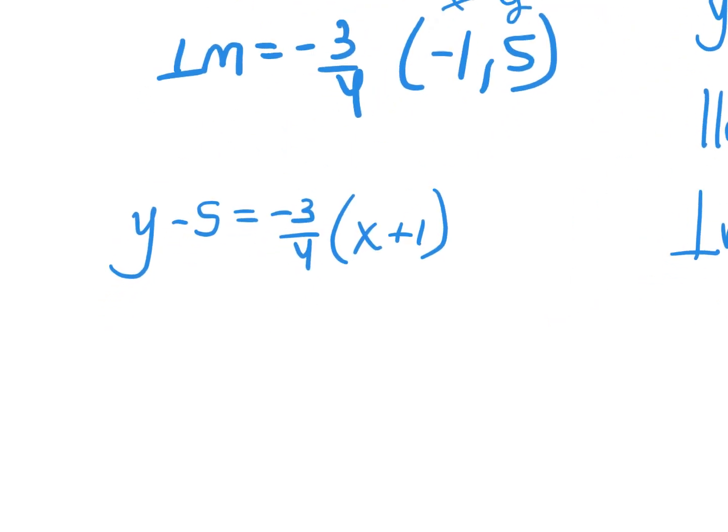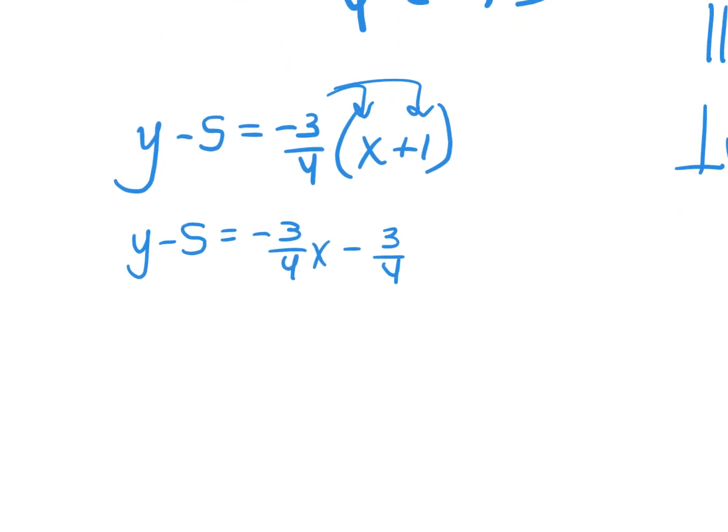Okay. If the bell rings, don't go anywhere. I'm almost done. So I have y minus 5 equals negative 3/4 x minus 3/4. You guys agree? Now I'm going to add 5 to both sides, right? I'm going to change 5 to fourths. So if I multiply the bottom by 4, I have to multiply the top by 4.